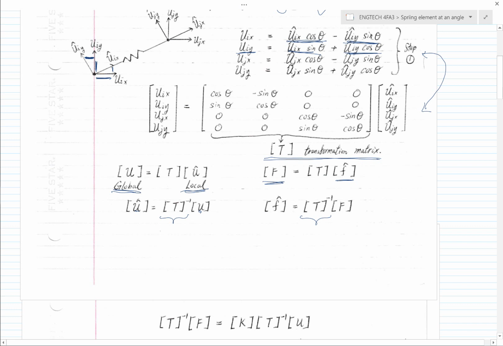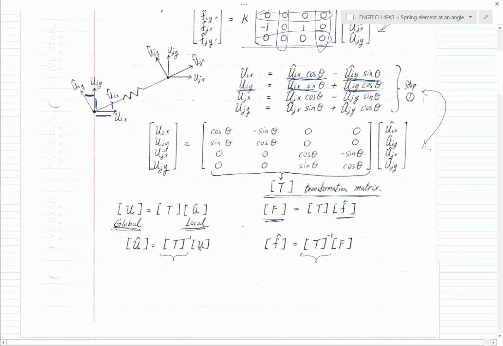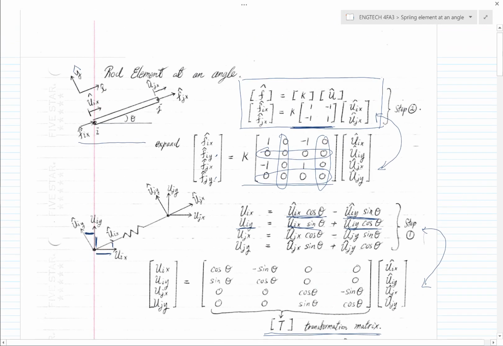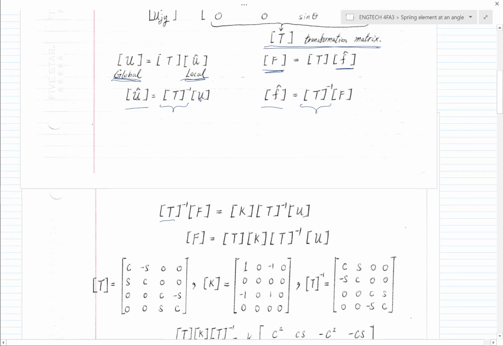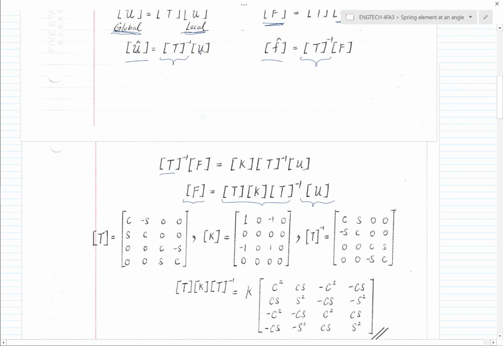We put this term into the first equation here, so we get this, and we move the transformation matrix to the right. We get F in the regular reference frame equal to these terms times U in the regular reference frame.